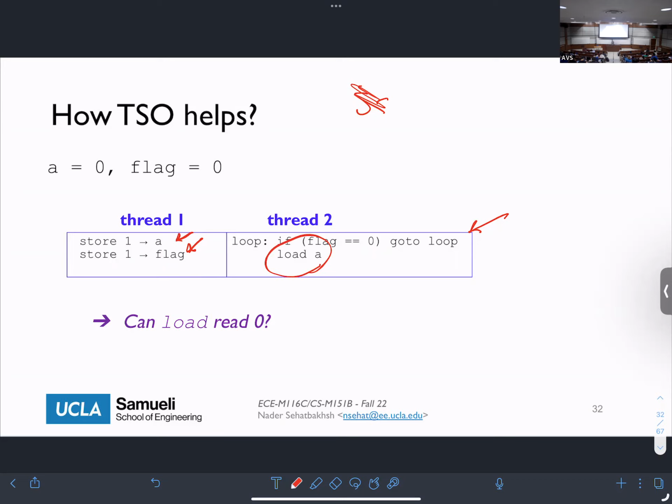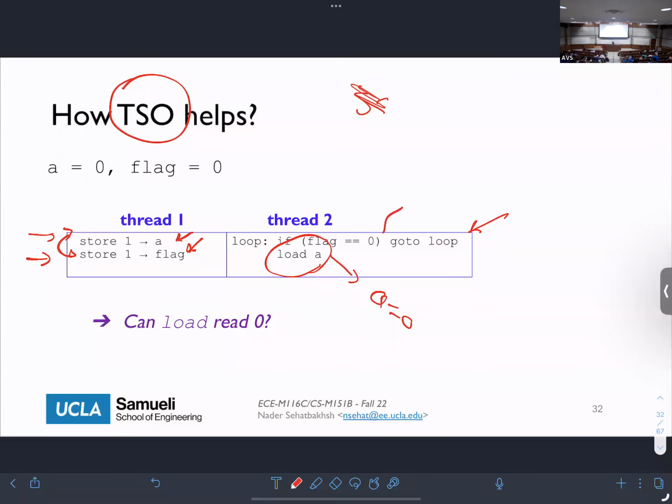If we don't have any consistency model, if we are not using sequential or TSO model, A might actually read 0. Why? Because if these two are reordered, and we said that it's totally possible that we reorder those, we're going to get that problem. But what TSO and sequential consistency will give us is that you can reorder loads before writes, but you cannot reorder anything else. You cannot reorder writes and writes. So under TSO, this will happen first, and this will happen second.